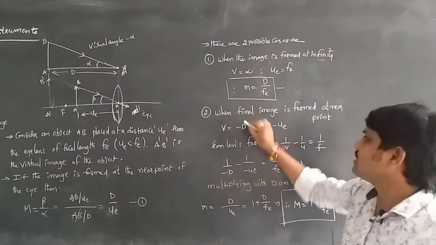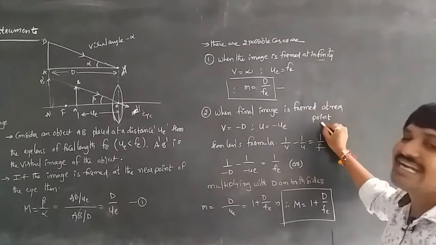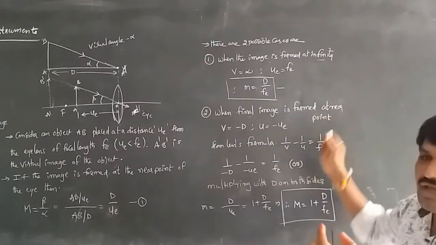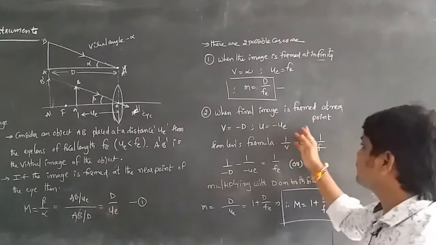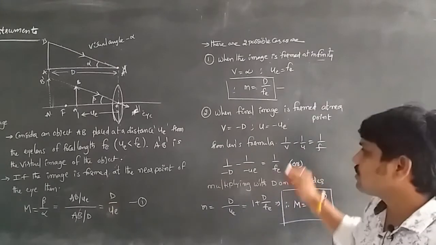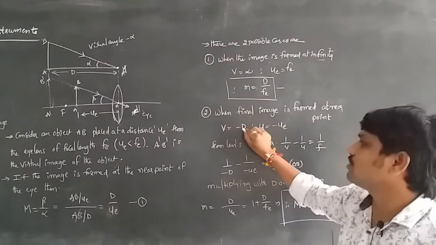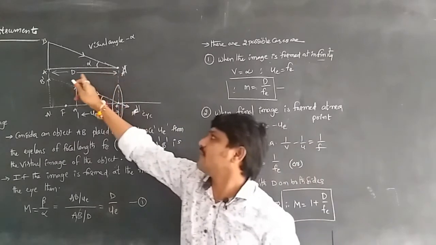If the final image is formed at the near point, when the eye is taken near to the lens, then V is equal to D, the least distance of distinct vision.